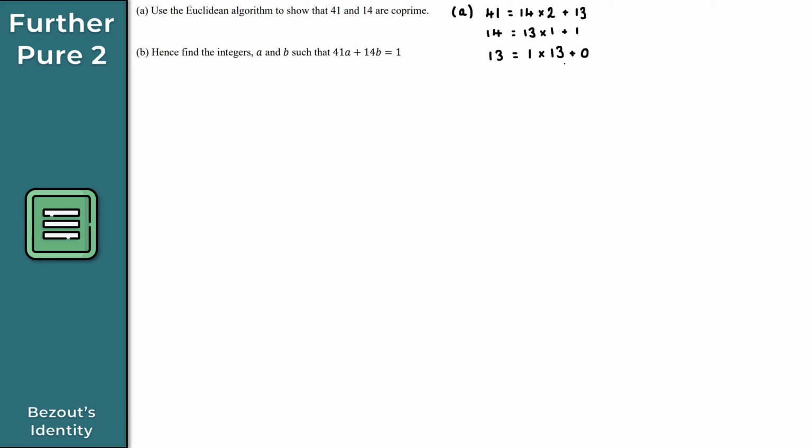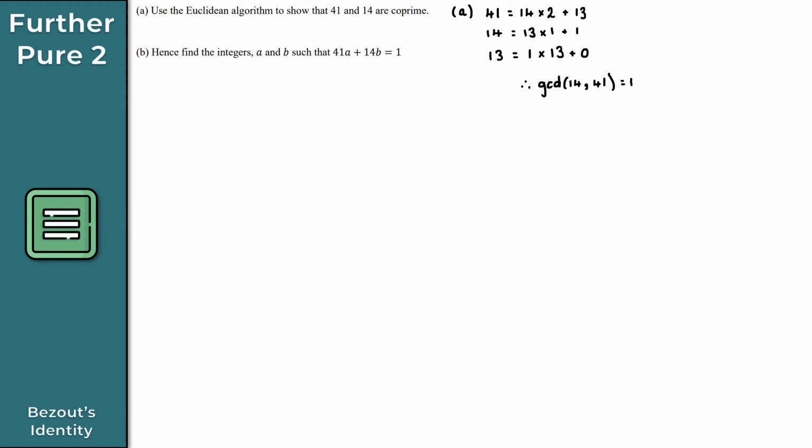And what that tells us then is the GCD. So let's just write this down underneath here. So the GCD then of our two numbers, 14 and 41, is equal to 1, the last non-zero remainder. Okay?